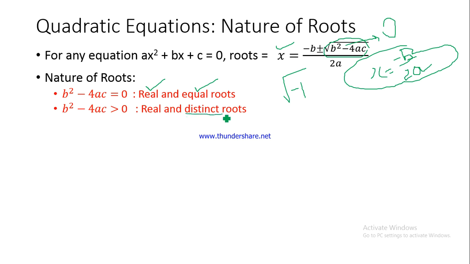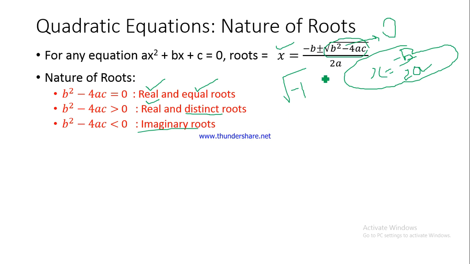They would be very different from each other, and they are real because b square minus 4ac is greater than 0. There is no negative value inside the square root. It has to be positive, so I am going to get real roots. On the other hand, if b square minus 4ac is less than 0, the roots would be imaginary.